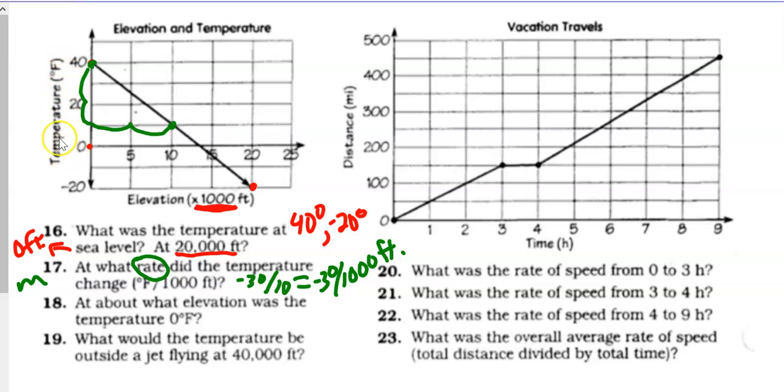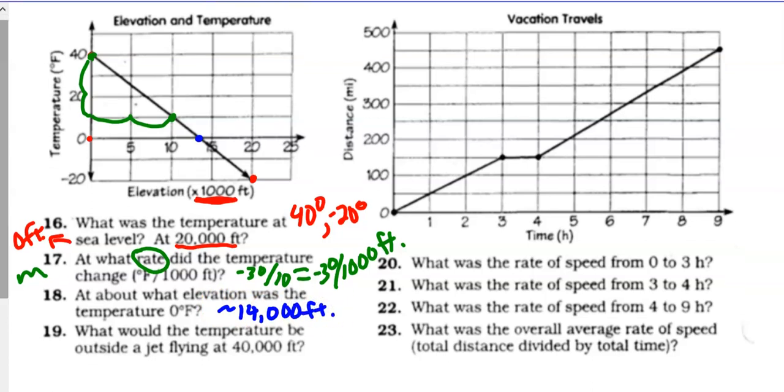Where do we have 0 degrees for our Y value? That is going to occur at this point right here. I'm going to approximate that to be 14. Again, remember it's in thousands of feet, so that's 14,000 feet.